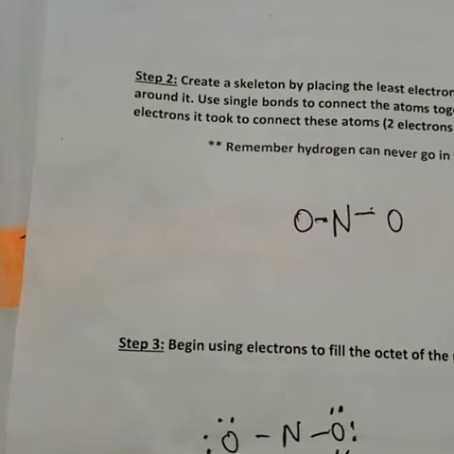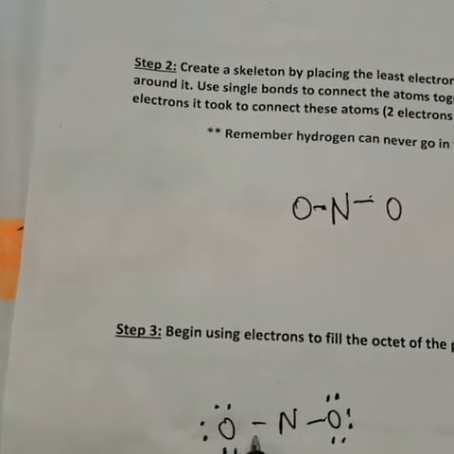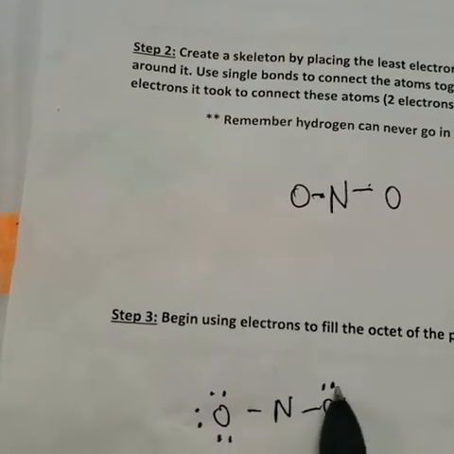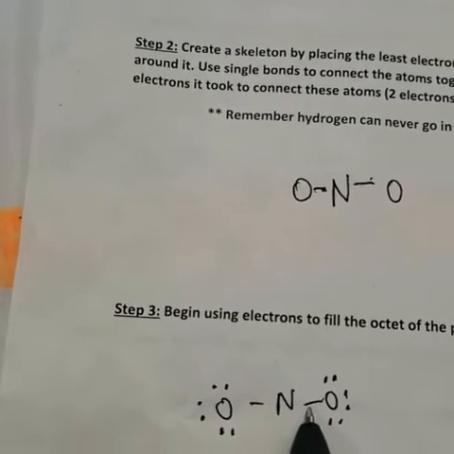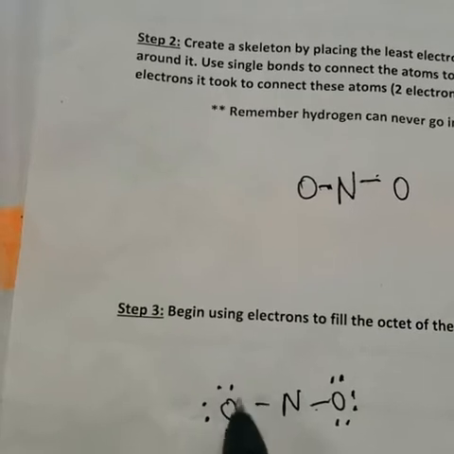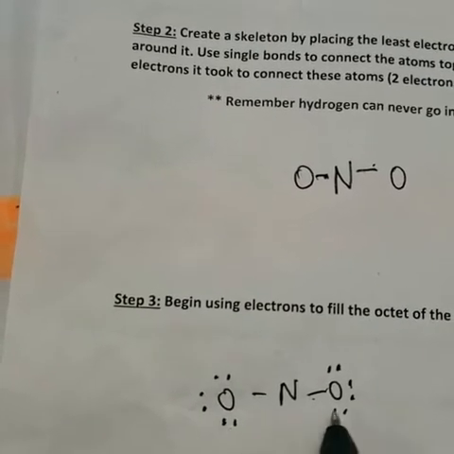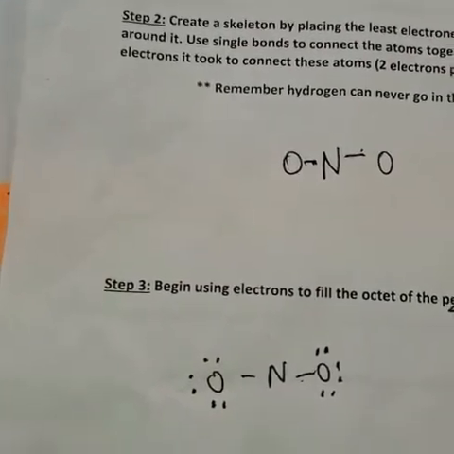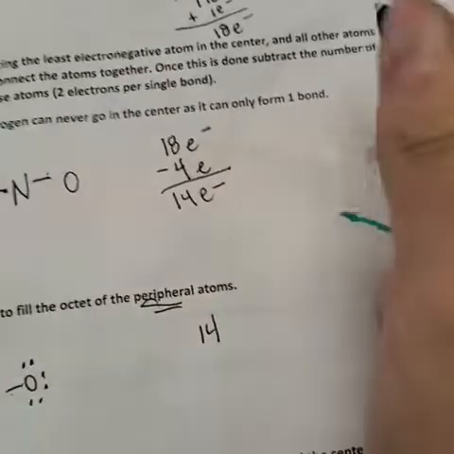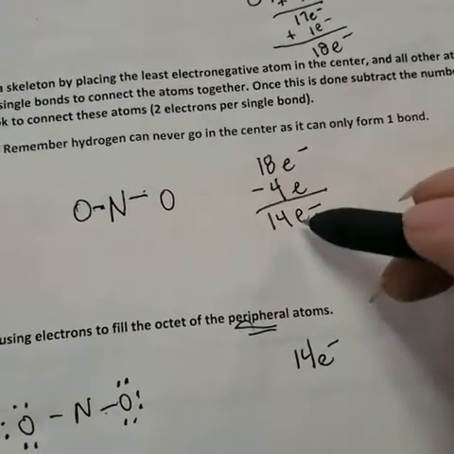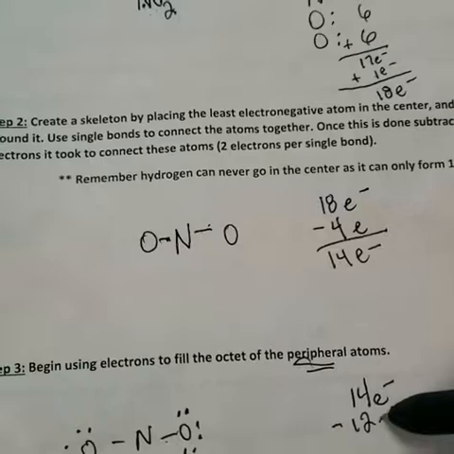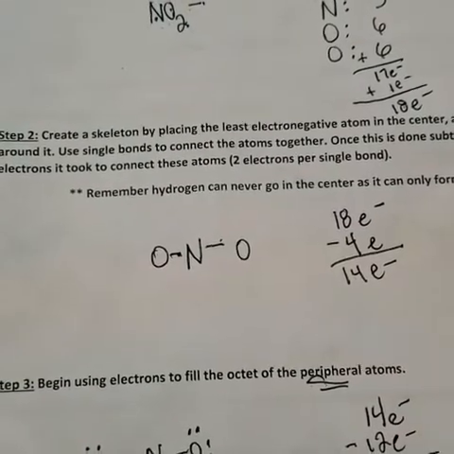All right, so now this oxygen has 2, 4, 6, 8. This oxygen has 2, 4, 6, 8. I filled up their octets. I used up 12 electrons. 2, 4, 6, 8, 10, 12. So I'm going to subtract 12 from the 14 I had to begin with from the last step. I now have 2 electrons left.